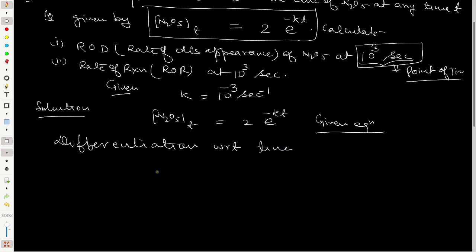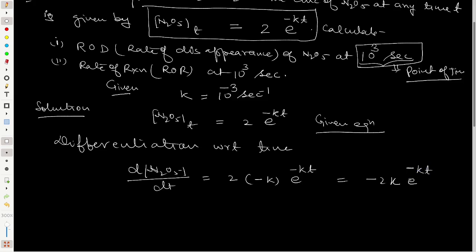So we can say d[N2O5]/dt is equal to 2, and this is minus k, and e to the power again minus kt. So this is minus 2k e to the power minus kt.